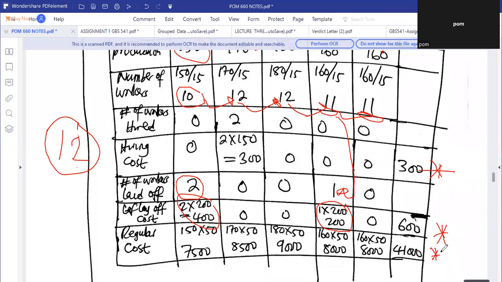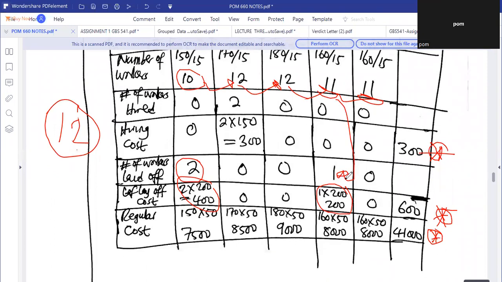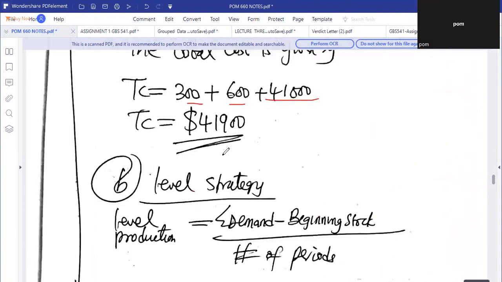These are the 3 costs involved in this strategy.